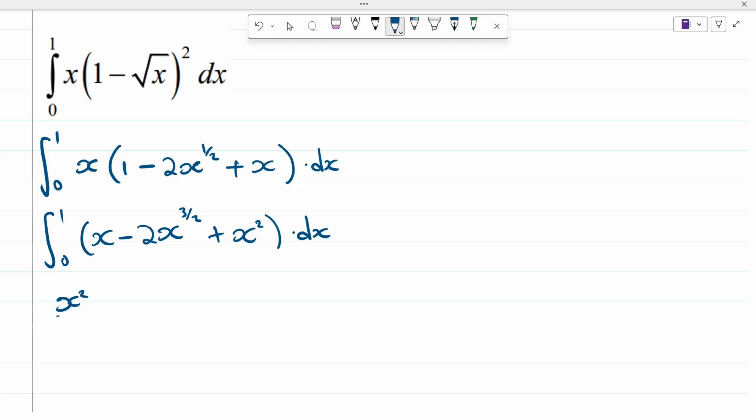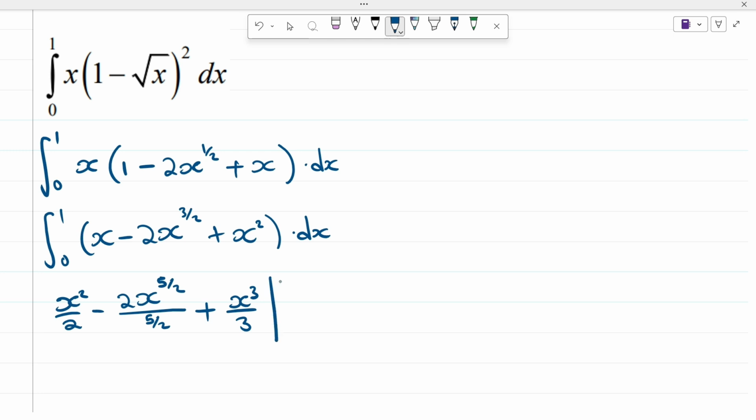This is x squared over 2 minus 2x to the power 3 over 2 plus 1. So 3 over 2 plus 1, that's your 5 over 2. So this is your 5 over 2 divided by 5 over 2, plus x cubed over 3.